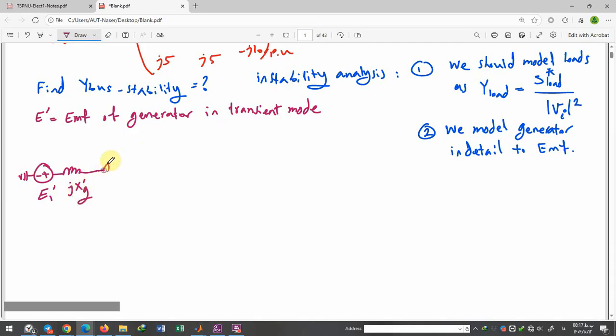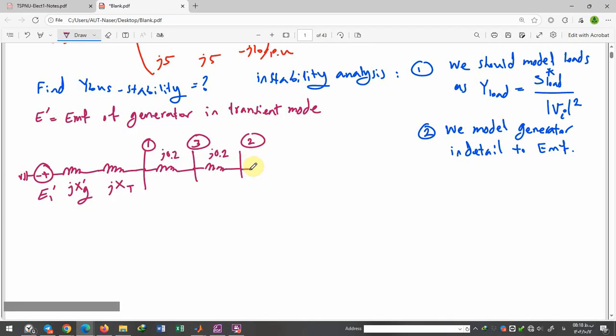After that we have j of the transformer. After that we have bus number 1. Between bus number 1 and bus number 3 we have a transmission line of j0.2 per unit. Between bus number 3 and bus number 2 we have a transmission line of j0.2 per unit.